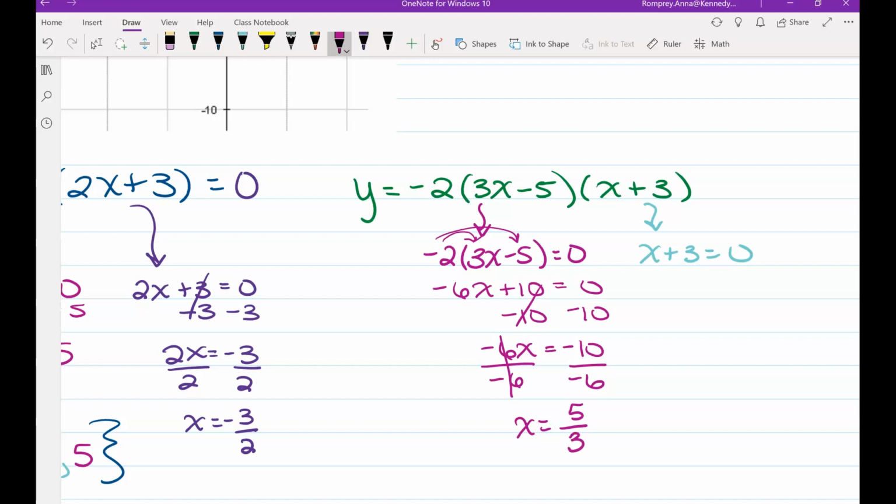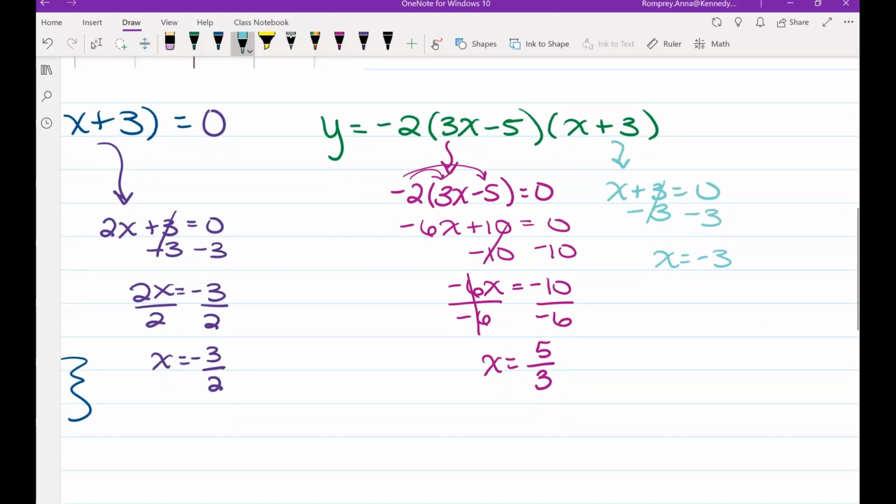Okay, and then x plus 3, easy peasy, subtract 3 from both sides. x equals negative 3. So our solutions are negative 3 and 5/3. So this equation would have 2 zeros, 2 roots, 2 x-intercepts.